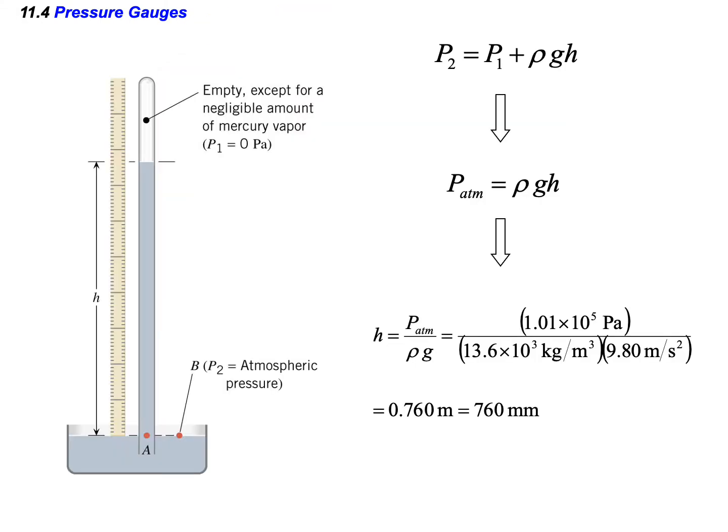Pressure gauges. We can make a pressure gauge to measure the atmospheric pressure or pressure at a certain place. Basically you need a container full of fluid, and it's very easy to make a pressure gauge.